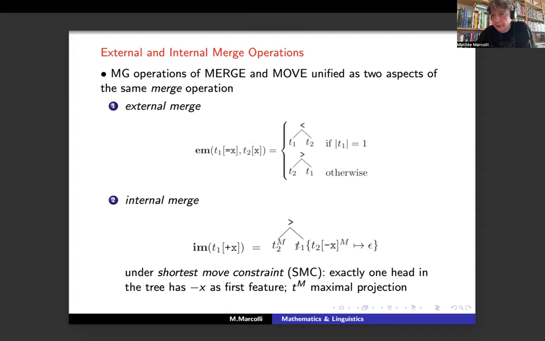And internal merge in the same way is viewed as an external merge applied to the extraction of a substructure, when you have this other kind of feature matching labels, and what you extract here is the maximal projection of the substructure. On this side you take the overall structure from which you are extracting, and you replace the labeled substructure with the empty subtree. So you're removing the subtree. Okay.